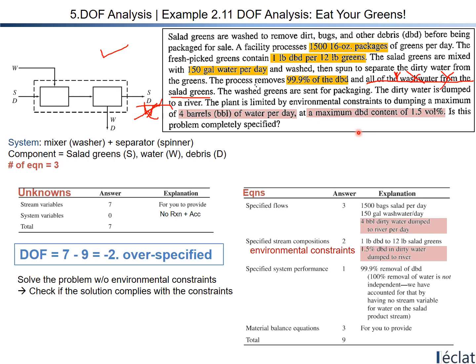You don't need to think about the environmental constraints. However, if you have higher values of the wastewater amount or wastewater concentration, then you should change one of the other conditions, for example, the amount of water or the amount of salad or something like that. That is the example for subchapter 5, which is about degree of freedom analysis.